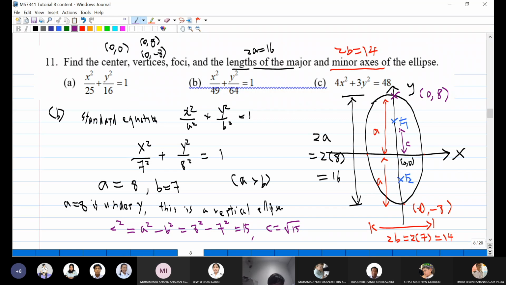Take the square root of 15. You find that this is equal to 3.9. So the distance from here to the center is 3.9.